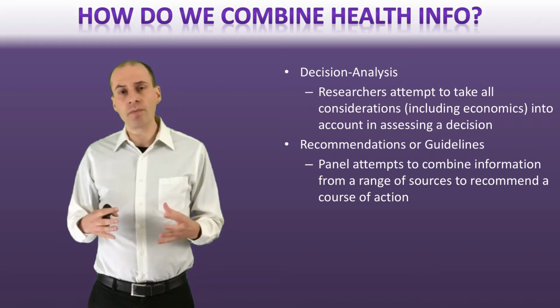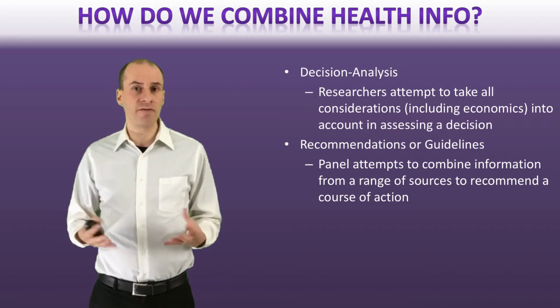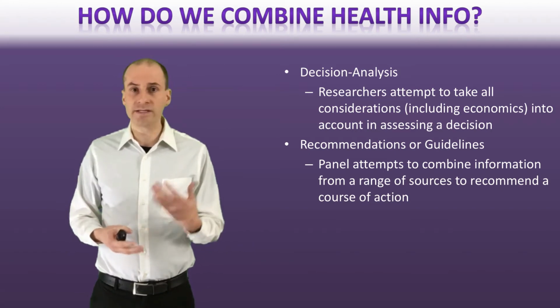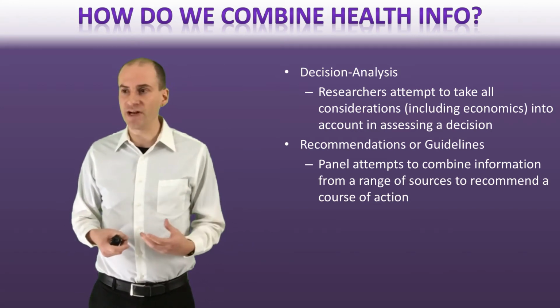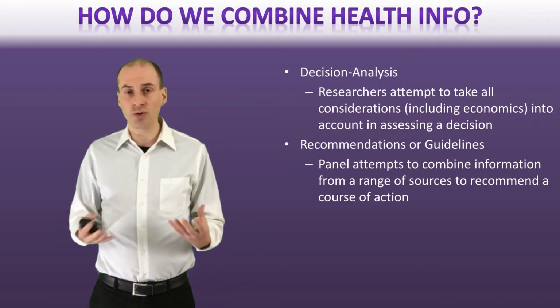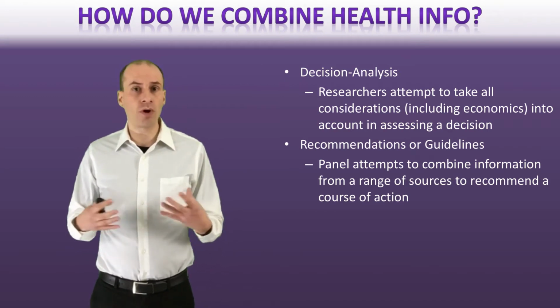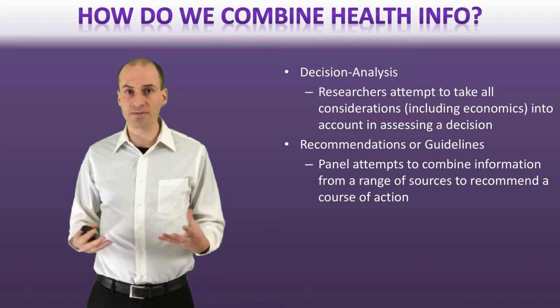Now, ultimately, when we think about using and combining information in practice, very often what we'll go to as healthcare practitioners and public health professionals is actual recommendations and guidelines. These guidelines are put together by panels of people who are usually experts in the field.